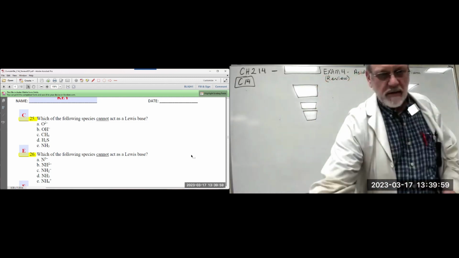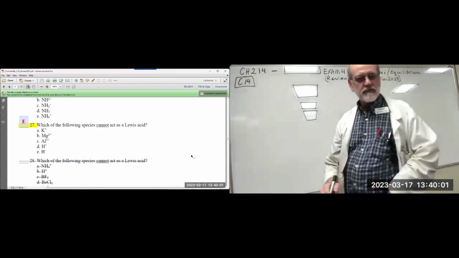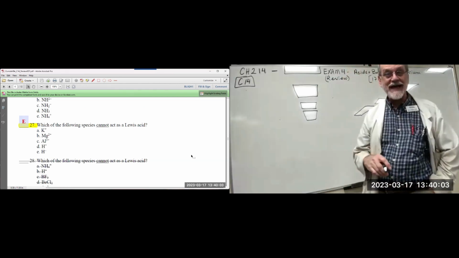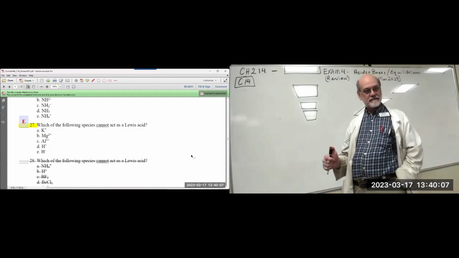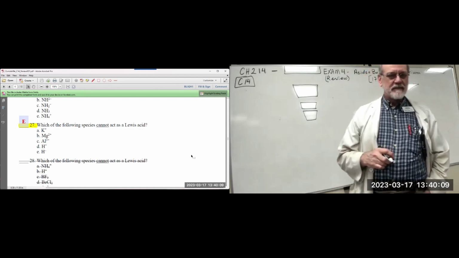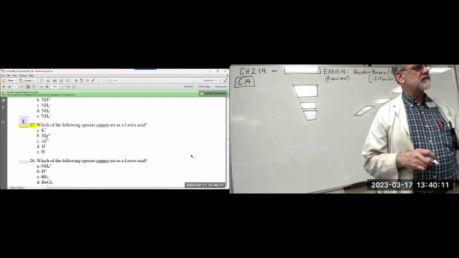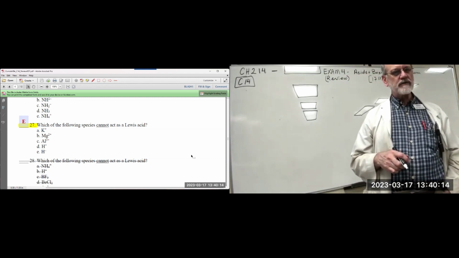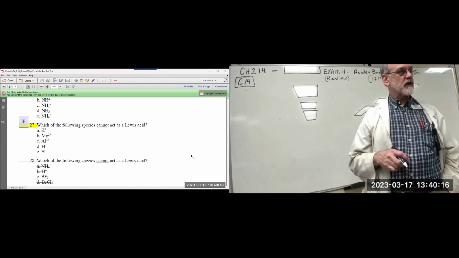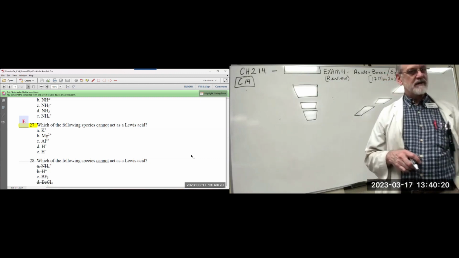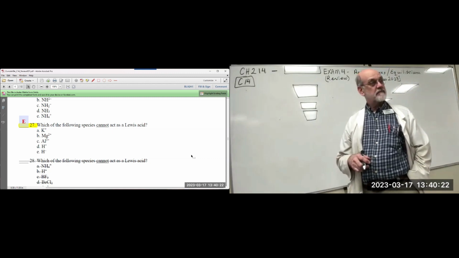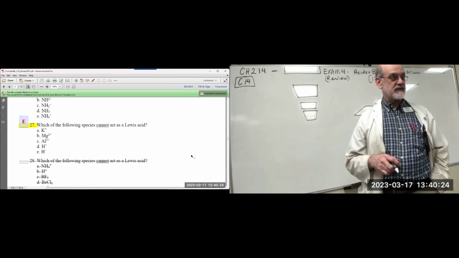What's next? 27. Which of the following species cannot act as a Lewis acid? So these cannot accept electrons. All those positively charged ions can accept electrons from here to Sunday. But that H minus would act as a Lewis base, but not a Lewis acid.